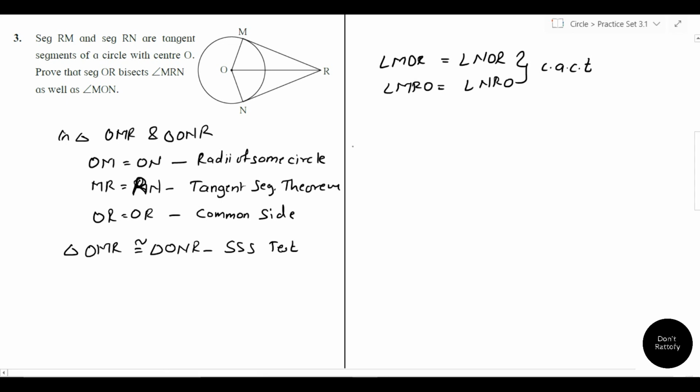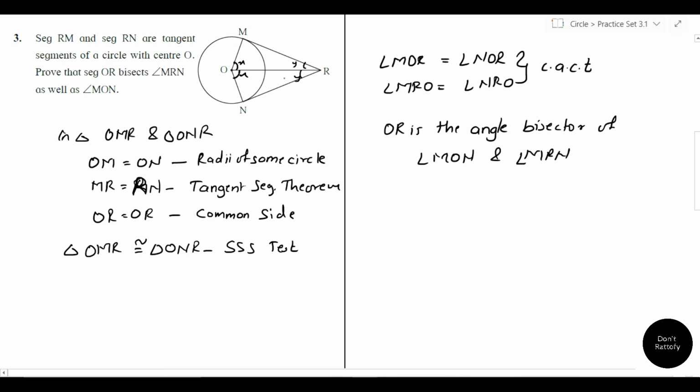If this is the case, can I say that OR is the angle bisector of both angle MON and angle MRN, right? See, this equals to this and this equals to this. So basically OR is bisecting the angles.